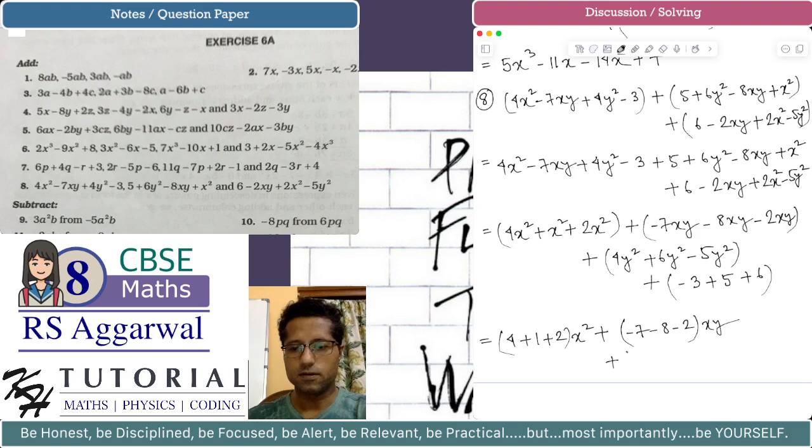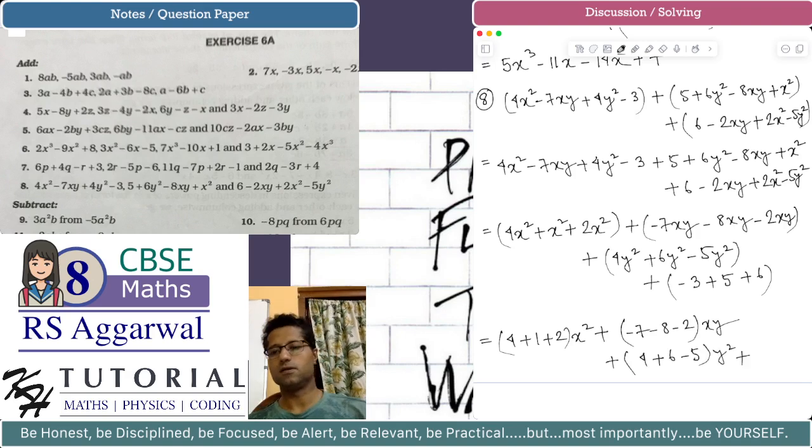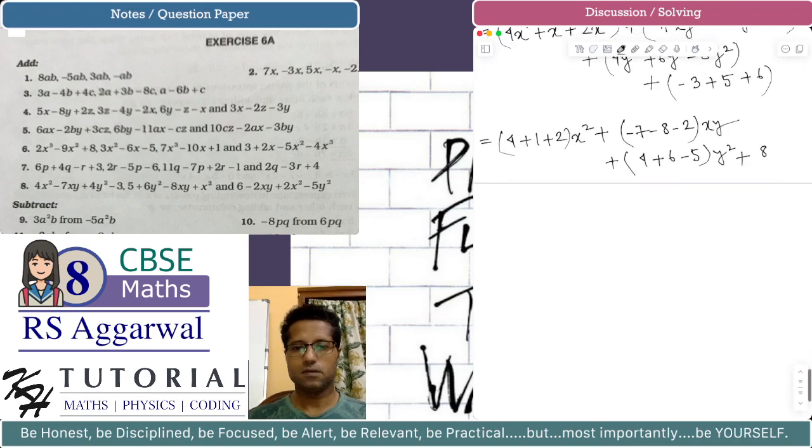For the y square terms, we have 4 plus 6 minus 5 y square, and the constant term is 11 minus 3, that is 8. Further simplification gives 7x square minus 17xy plus 5y square plus 8.